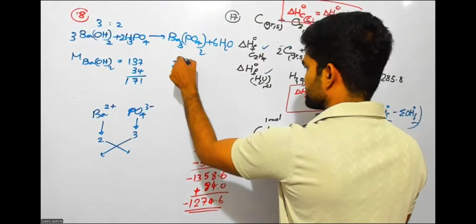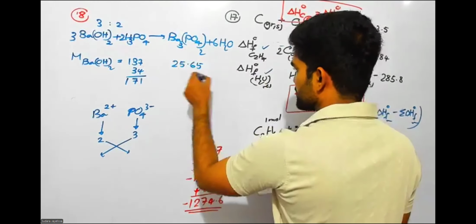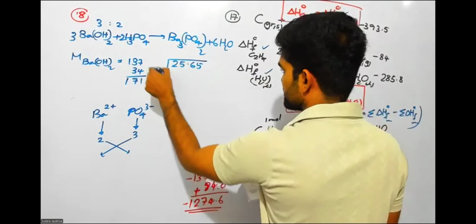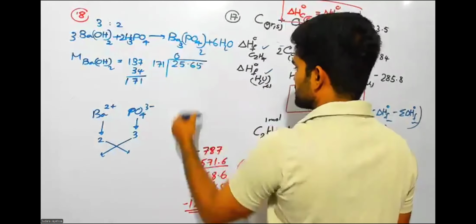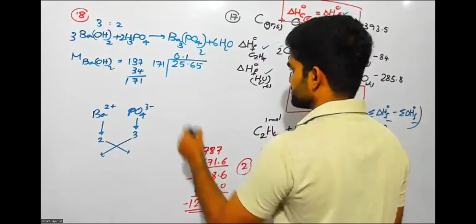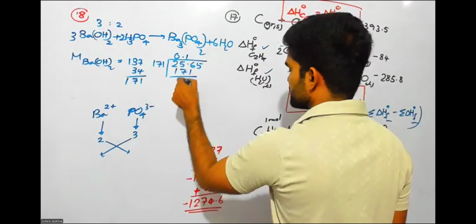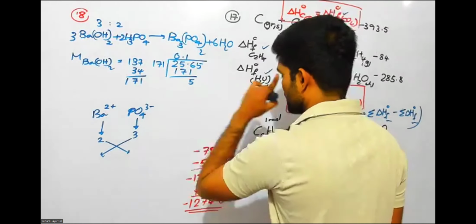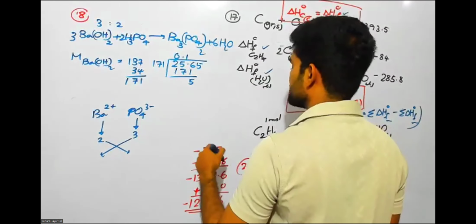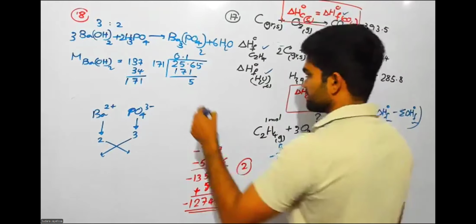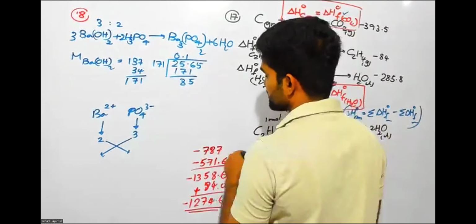And to find the moles, you need to divide 25.65 by 171. So for 256, you have 1, 171. So 5. 25 minus 17, you have 8.